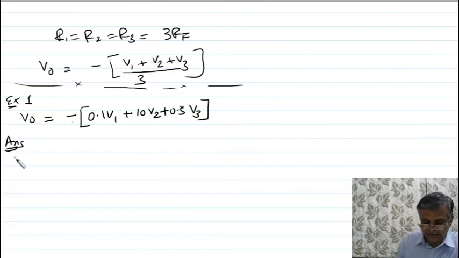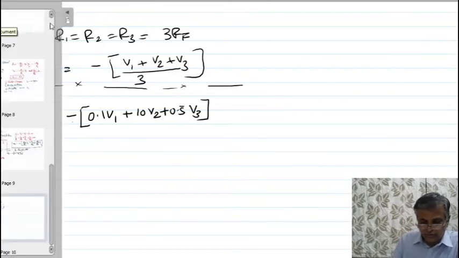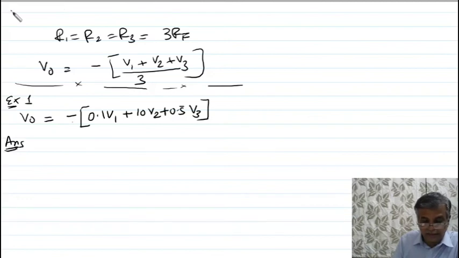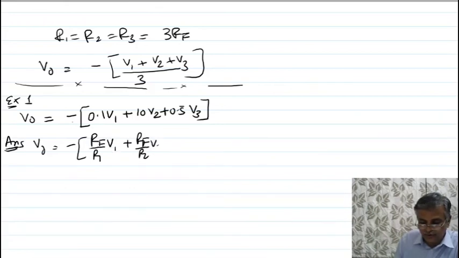Very simple way you can design. Always, as I told you, please compare with the standard equation: RF by R1 into V1 plus RF by R2 into V2 plus RF by R3 into V3.